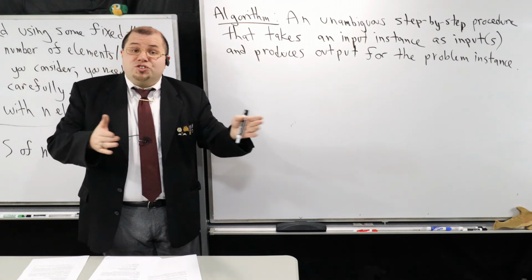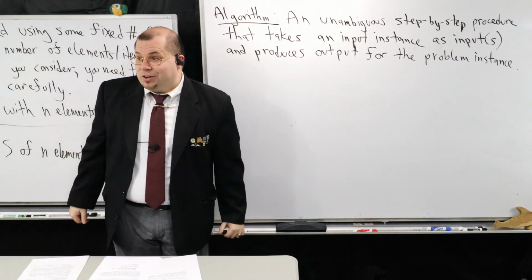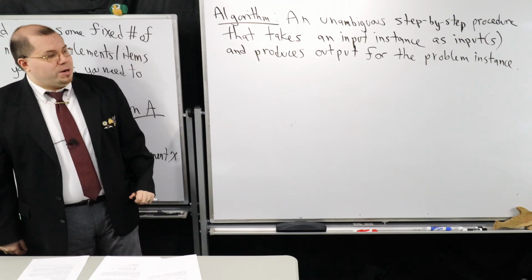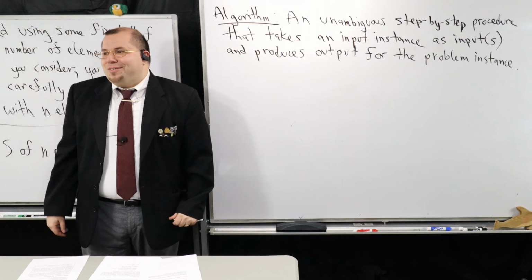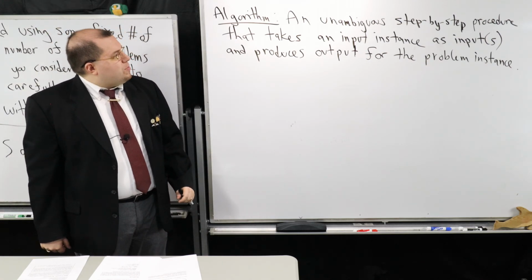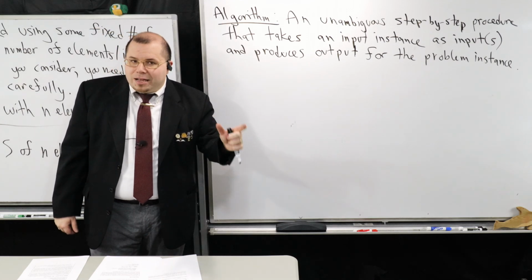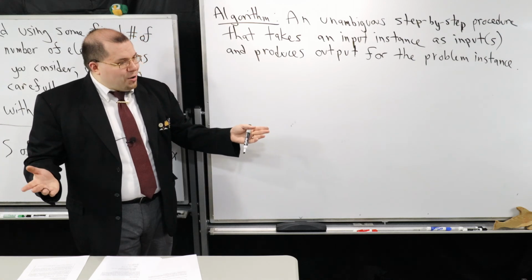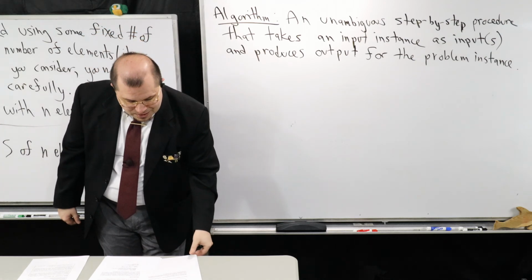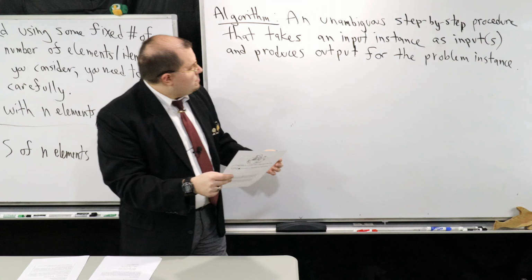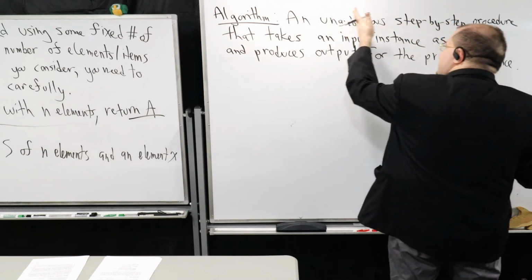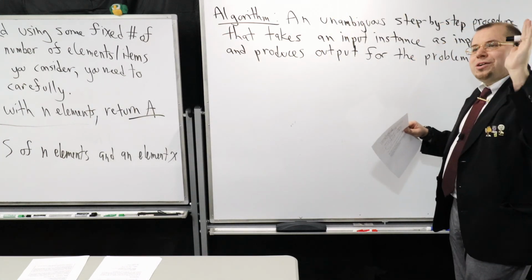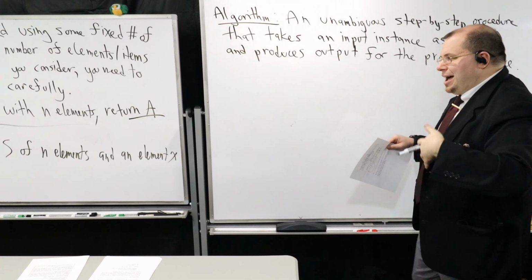Unambiguous simply means there's no way you can misinterpret what exactly is being written or communicated to you. So you have to be very careful when you're communicating what an algorithm is, whether it be in English, which you'll find very often I will do, or in what we'll call pseudocode, which you may have seen in 210.